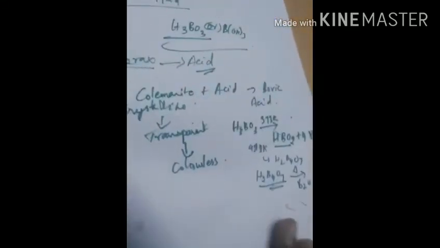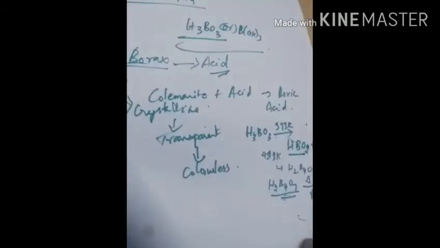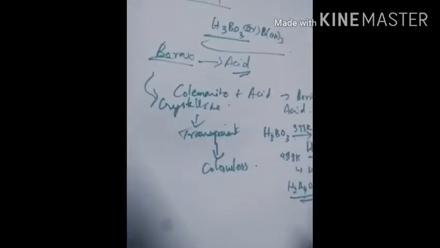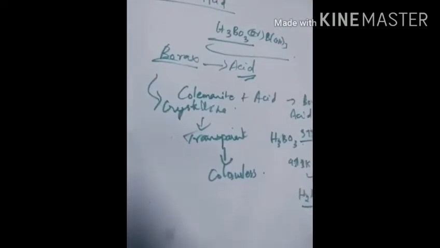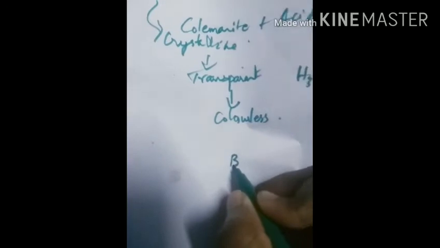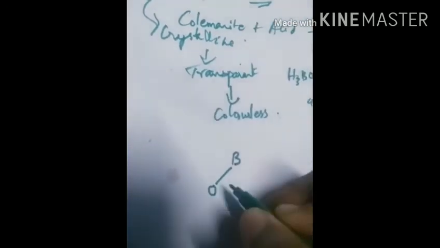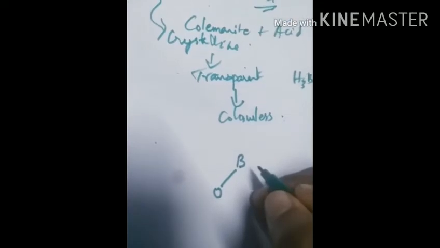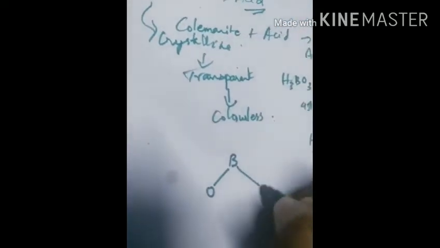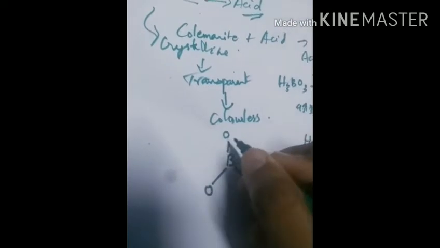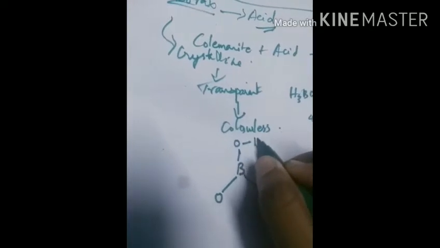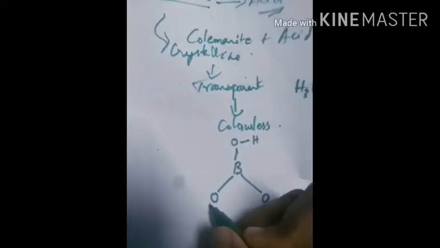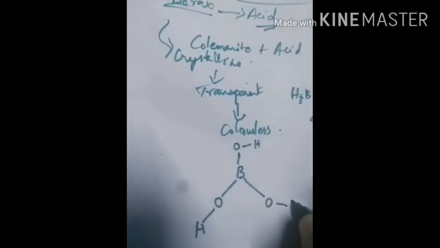But I am going to now draw you the structure of boric acid, because it is H3BO3. So how are we going to bond H3BO3? I am taking boron. It has BO3, so 3 oxygens should be bonded with boron. So I am taking 3 oxygens. Now we have 3 H. One H is connected to one oxygen, another H to another oxygen, another H to another oxygen.